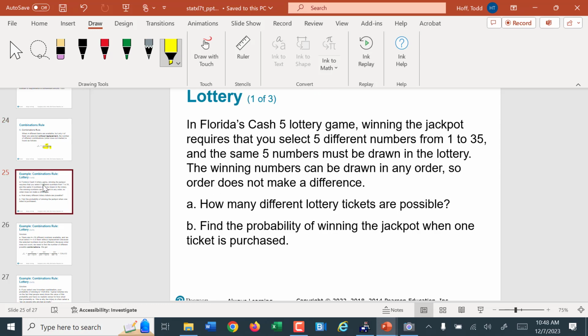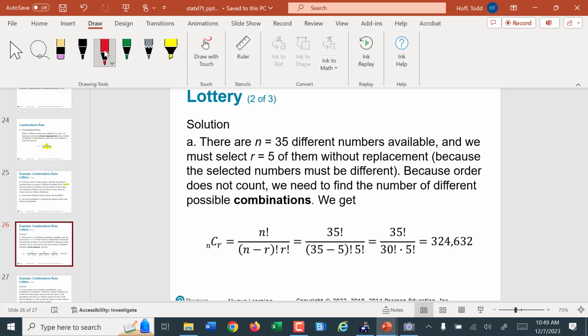So here we're going to look at Florida's Cash 5 lottery game. You choose 5 different numbers from 1 to 35. How many different lottery tickets are possible, and find the probability of winning a jackpot with only one ticket purchased. So it's 35 numbers, and we're going to choose 5 of them, no replacement.